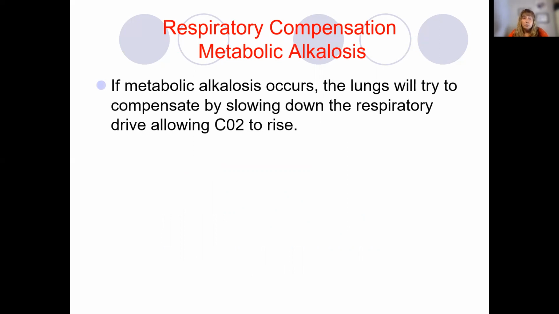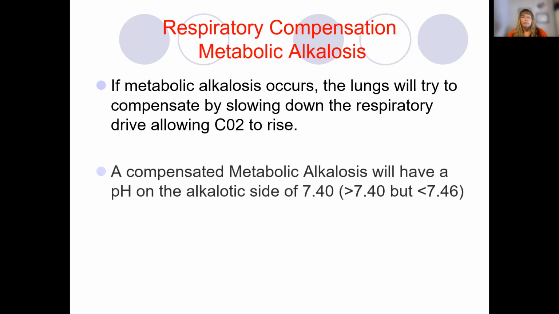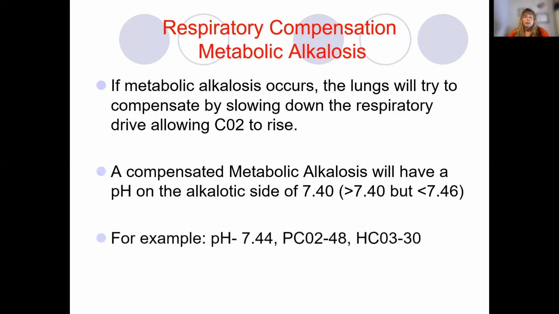They slow down the respiratory rate and they allow the carbon dioxide levels to rise. A compensated metabolic alkalosis will have a pH on the alkalotic side of 7.40, but less than 7.46. For example, a pH of 7.44, a PCO2 of 48, and a bicarb of 30.